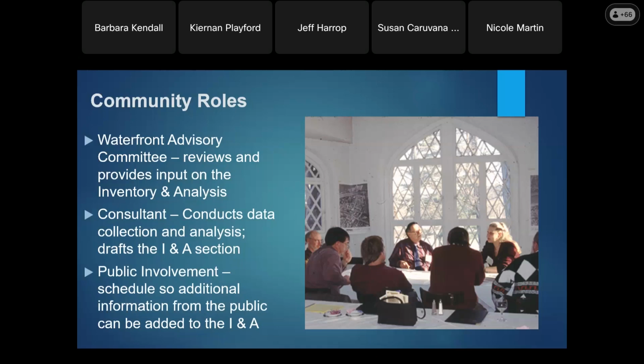The consultant or local planning staff will define the methods and coordinate data collection by community members and members of the project team. And then the public will be involved at public events that are organized, including open houses and community-wide events such as farmers markets and festivals. Those are just a sample of some of the events.